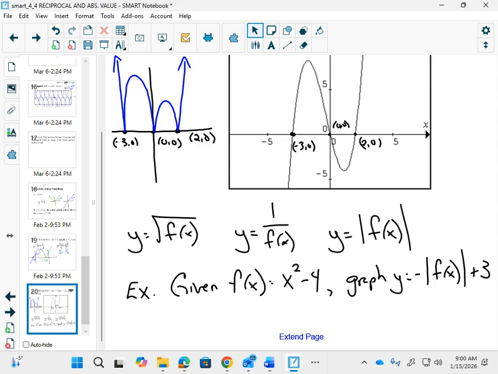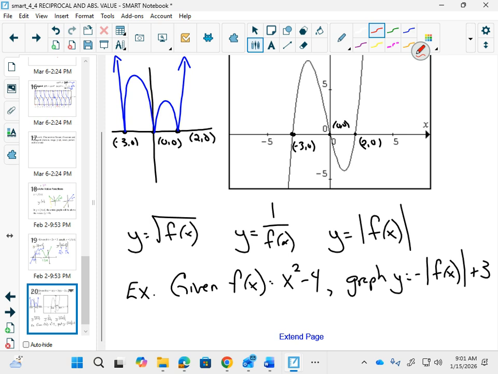And if you had a negative in front and a 3 afterwards, you could go to transformations. A negative in front of a graph takes the entire graph and does a vertical reflection. A plus 3 after something takes the entire graph and moves it up 3 units. So it's a little bit of problem solving here because we're connecting 2 or 3 units together.